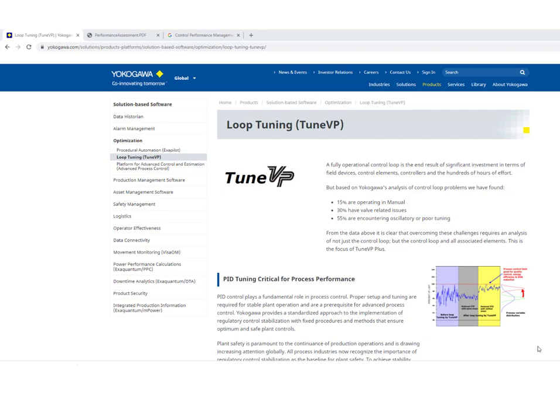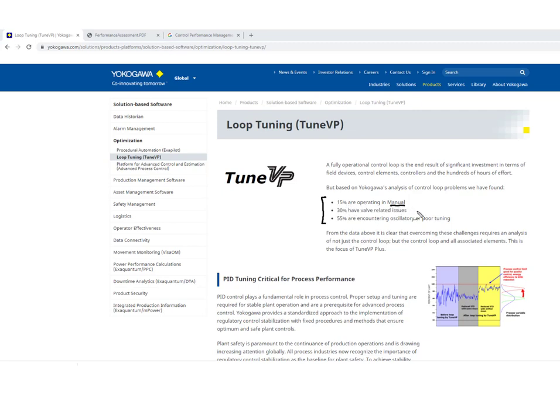So those tools simplify your job because they simply use simple production data to obtain these key performance indicators. One such tool is TuneVP by Yokogawa, and based on their analysis of control loop problems, they have found that, well, on average 15% of all control loops are in manual.